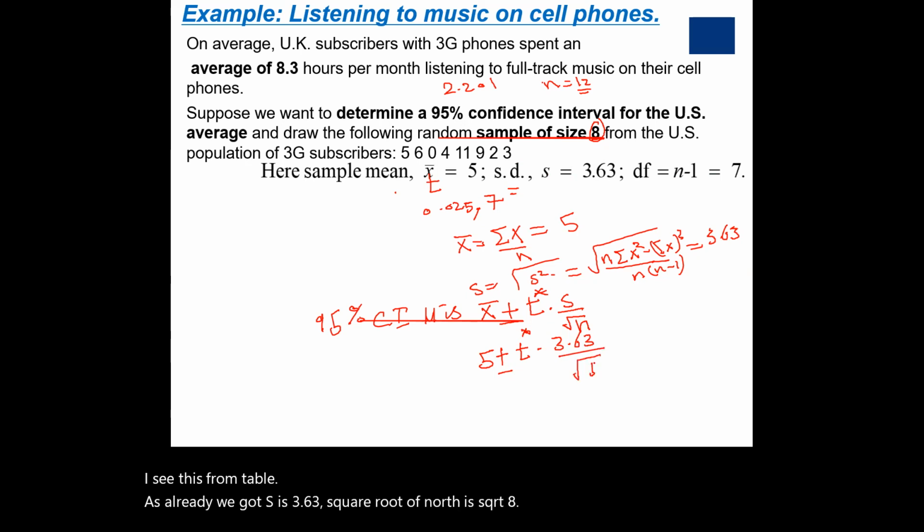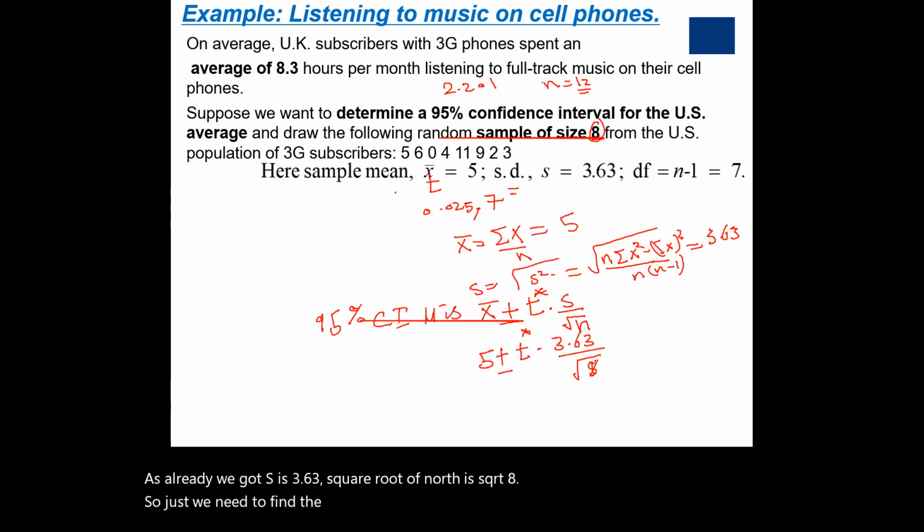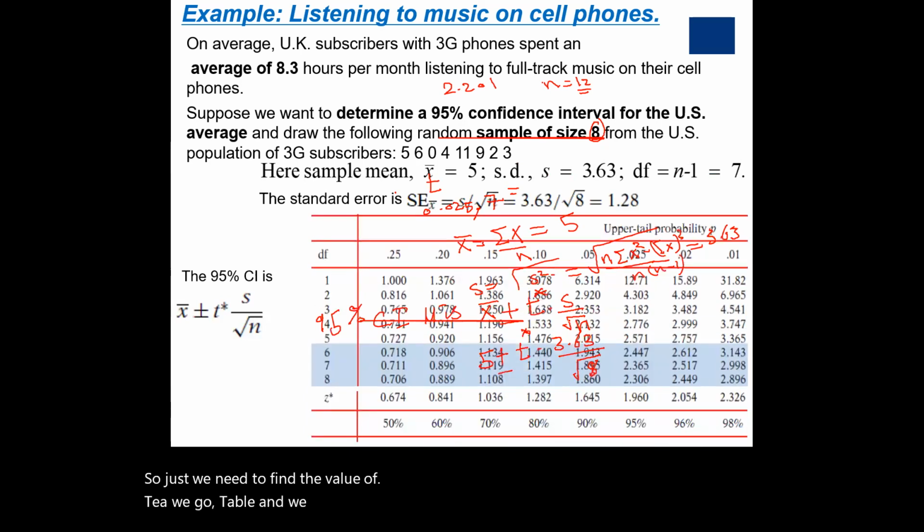So we just need to find the value of t. We go to the table and find the value of t. Degrees of freedom is 7.